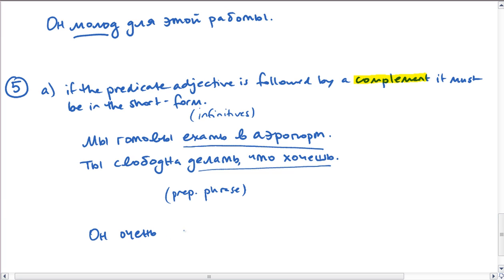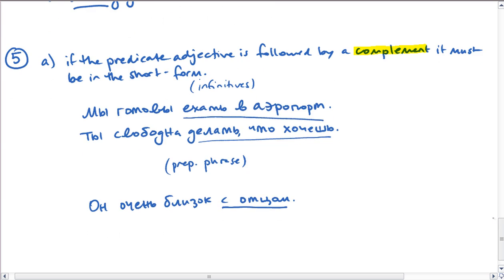Он очень близок с отцом. So this is our prepositional phrase. And we had to use the short form, or one that you know from your book.